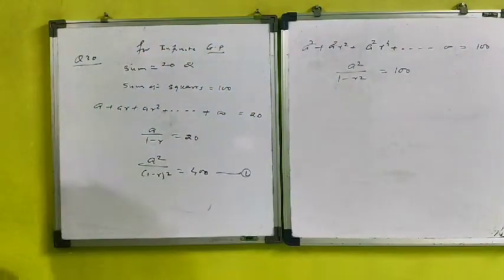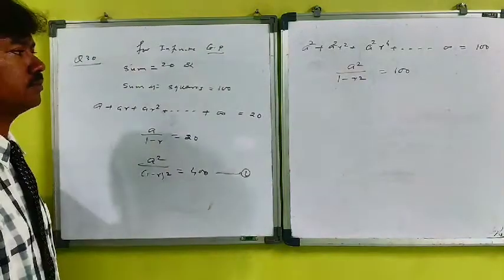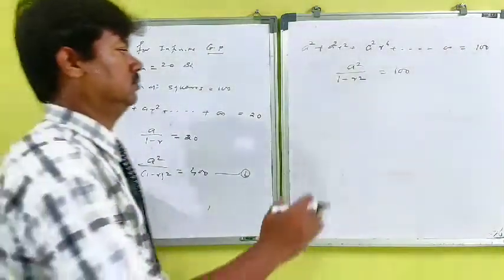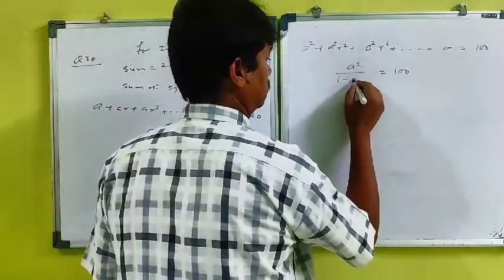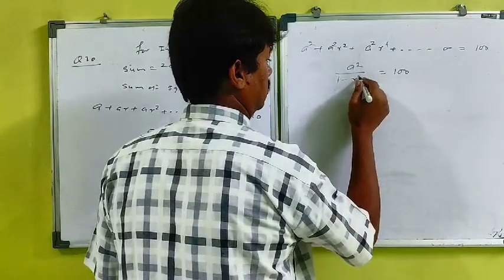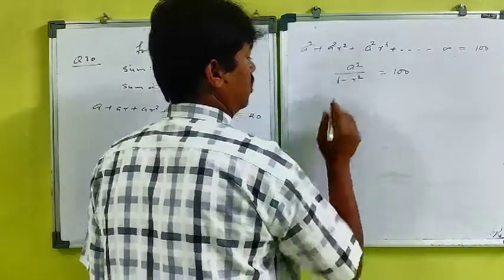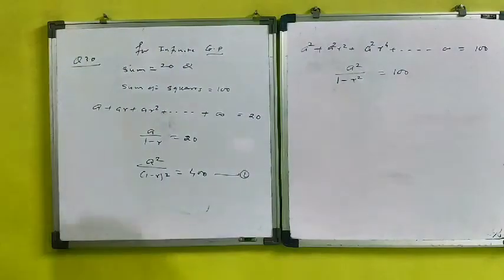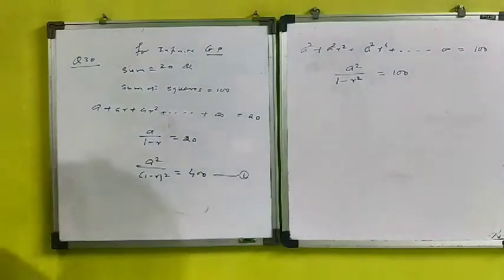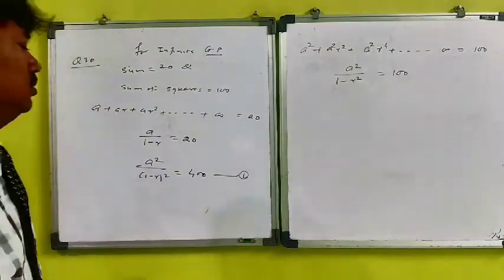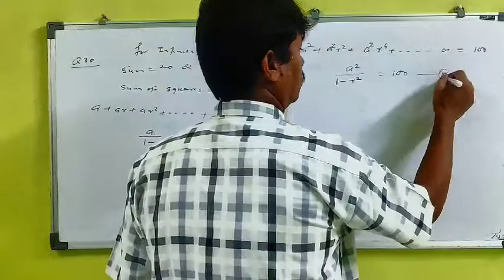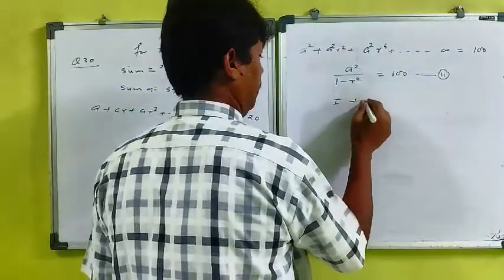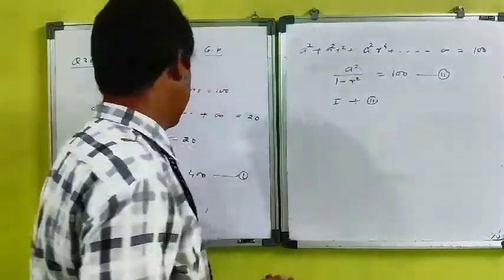So from this, A square upon (1 minus R) square is equal to 400. Dividing 1 by 2, A square and A square get cancelled.